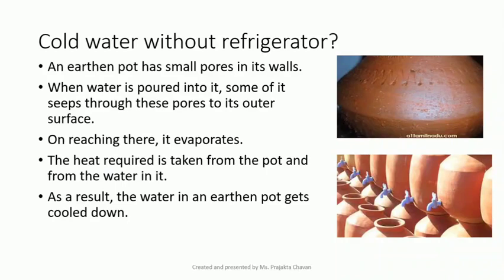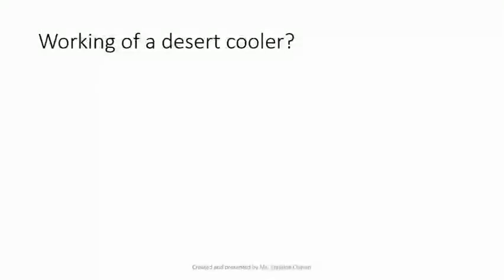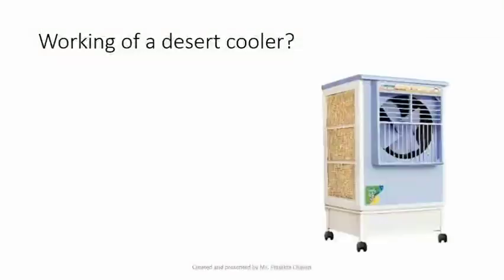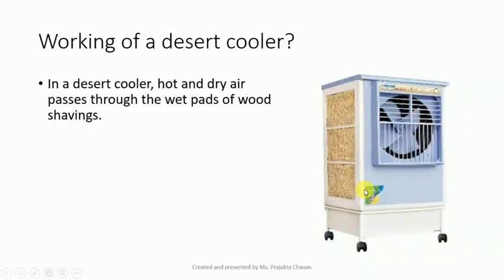Moving on to our next application about a desert cooler. So this is how a desert cooler looks like. If you see here, there is a pad of dry grass or wood shavings. And on this pad of wood shavings or dry grass, continuously water is getting circulated.